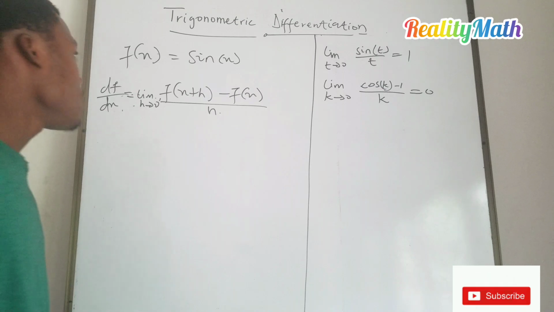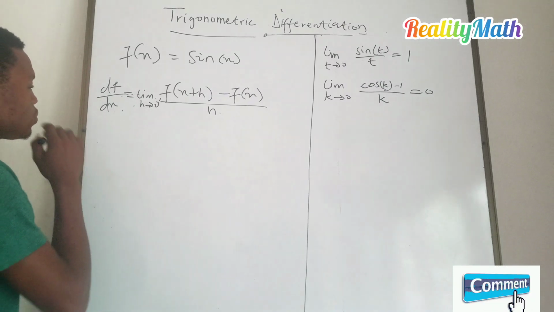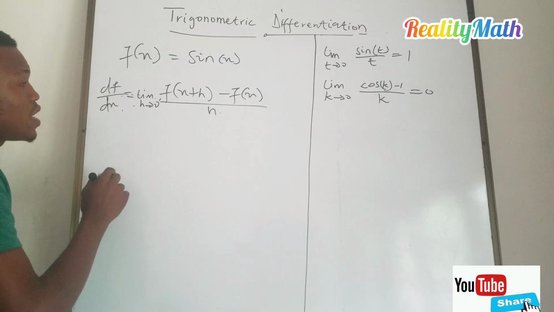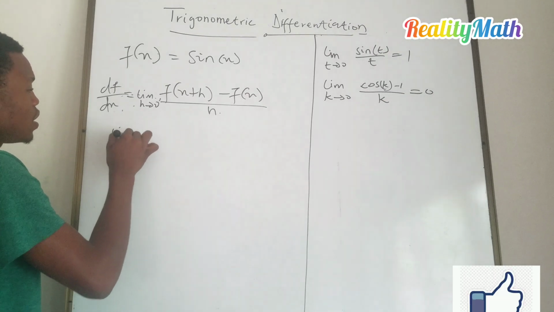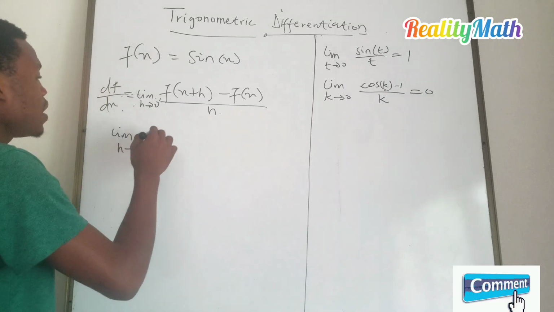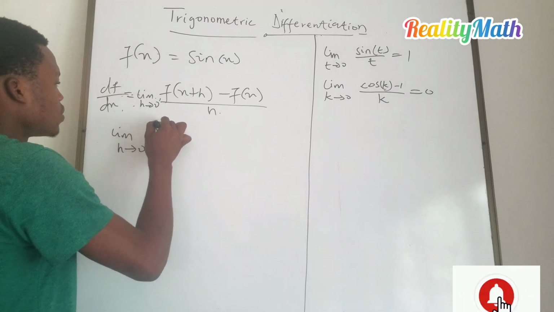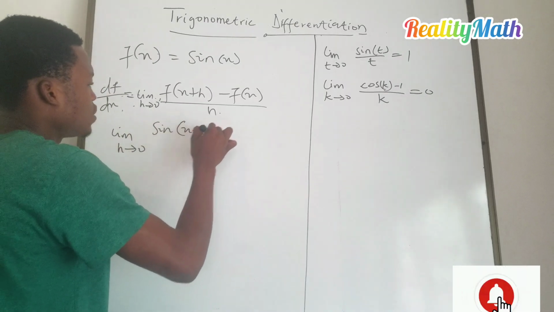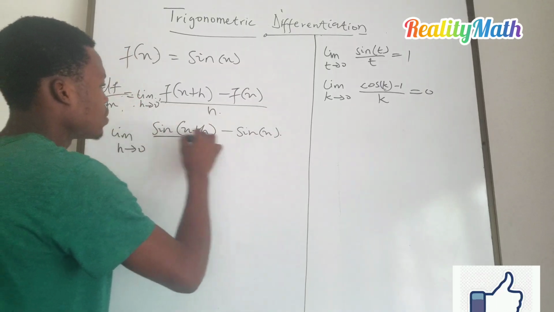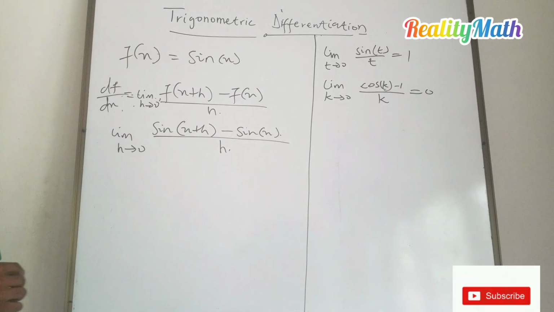We are having f of x equal to sine x. So the limit as h approaching 0 of sine of x plus h minus sine x, all over h.